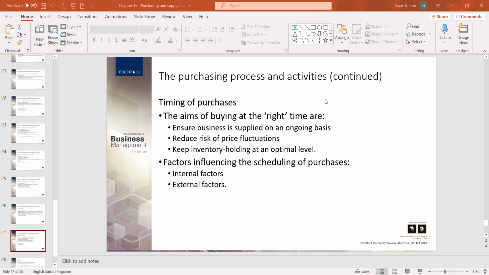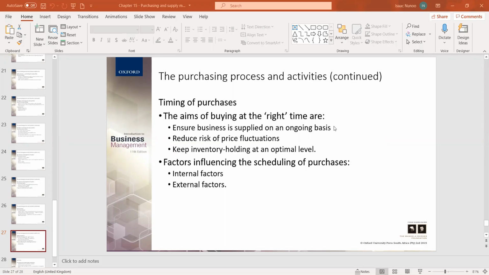Now you can also talk about the factors influencing the scheduling of purchase. We have internal factors and external factors. Some of the internal factors are business policy, in terms of trying to prevent speculative motive in businesses. We can also talk about changes in markets, operations and requirements.